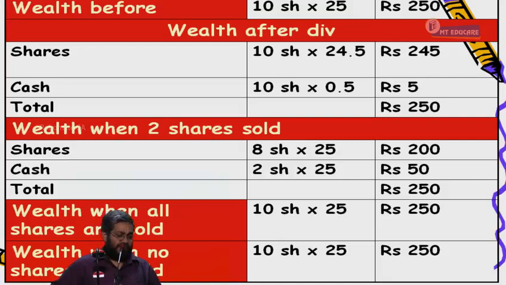First branch is by way of dividends. Second branch is by way of share repurchase. Can I proceed or not? Next. Point number 2 or 3?